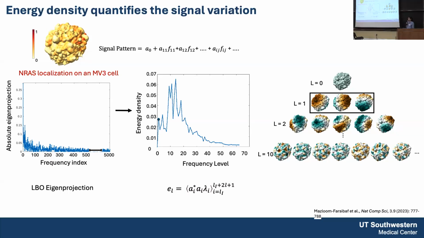So instead of asking which eigenfunction is important, we ask which spatial frequency is important. We collapse all the eigenfunctions within one frequency level and then create this energy profile.